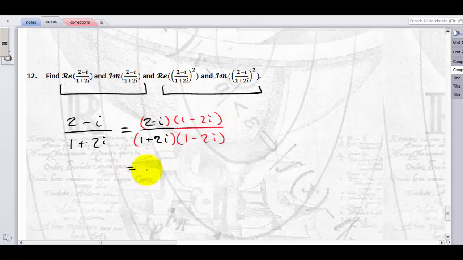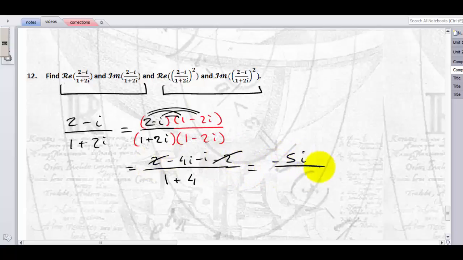So what is this now? At the denominator I have a squared plus b squared, 1 plus 4, which is 5. And at the numerator I have 2 minus 4i minus i, and then plus 2i squared, so minus 2. The 2 minus 2 will cancel.